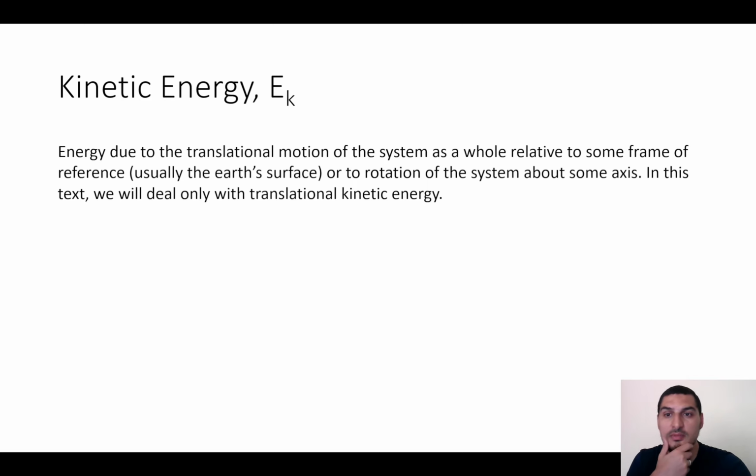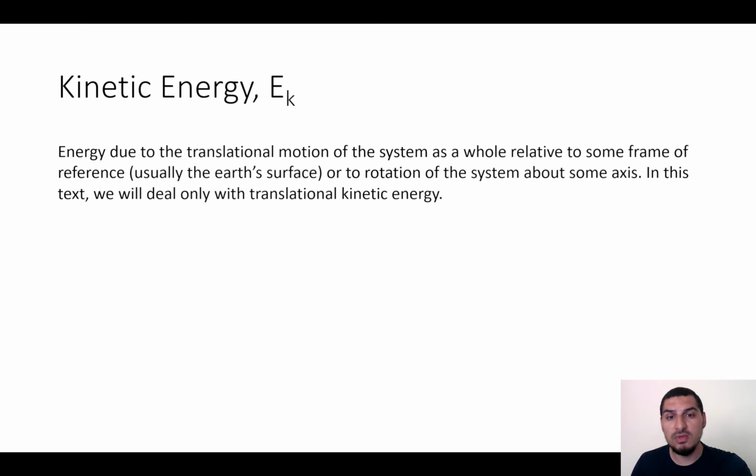So the first form of energy is the kinetic energy, and the kinetic energy is the energy due to the motion of the system as a whole relative to some reference point or reference frame. This reference is usually the Earth's surface, so it's calculated based on the velocity relative to the Earth's surface.